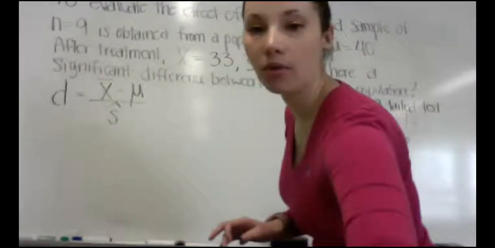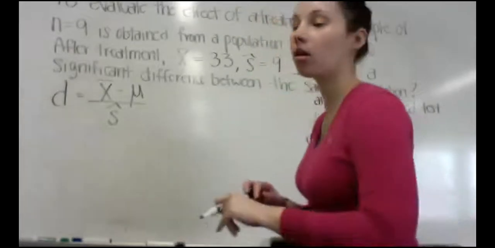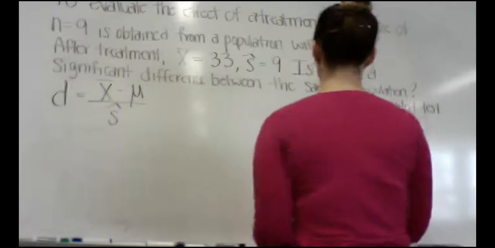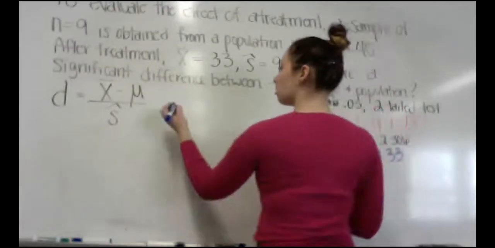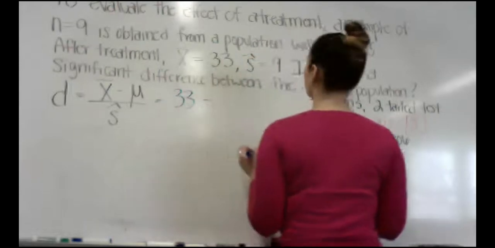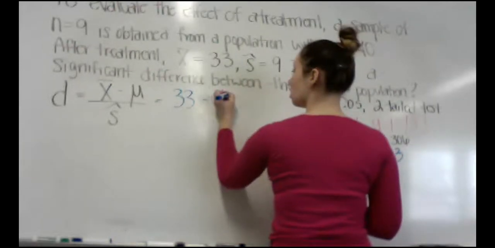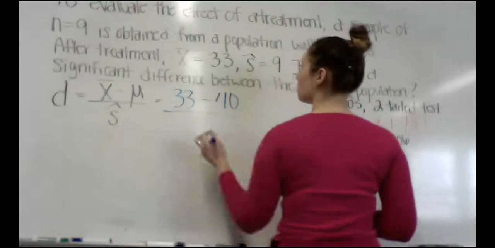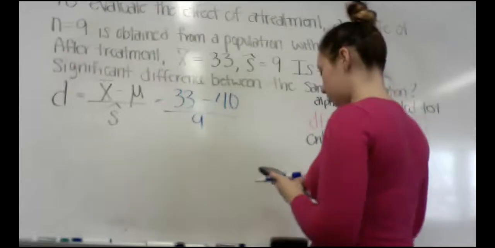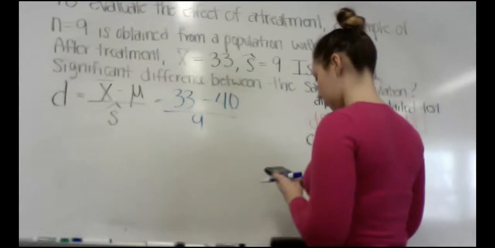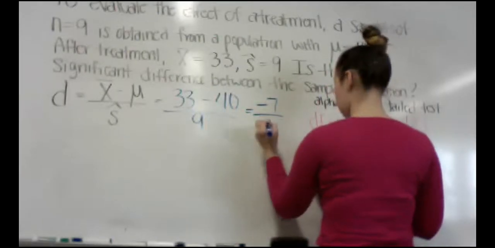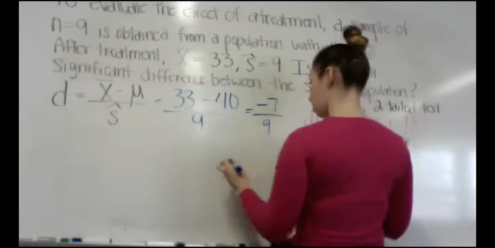Very simple formula there. We've got all the information that we need already. Our sample mean is 33, population mean 40, sample standard deviation was 9. So -7 over 9 gives us -0.78.